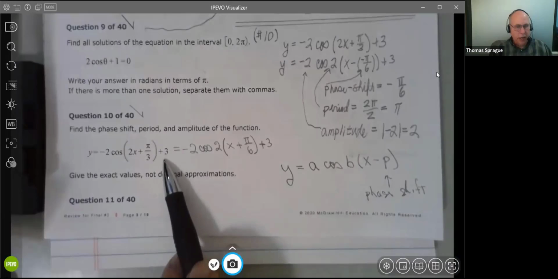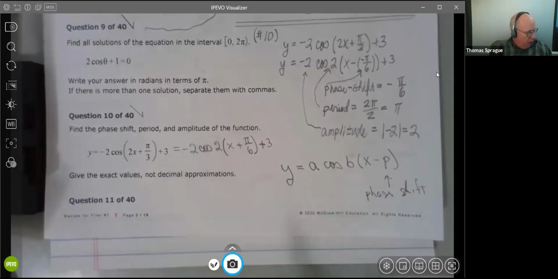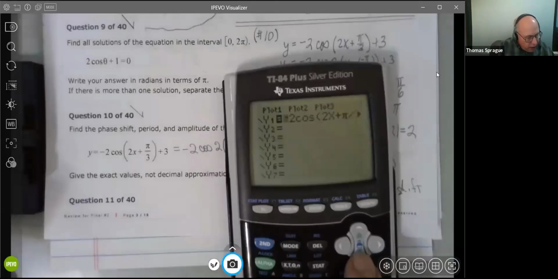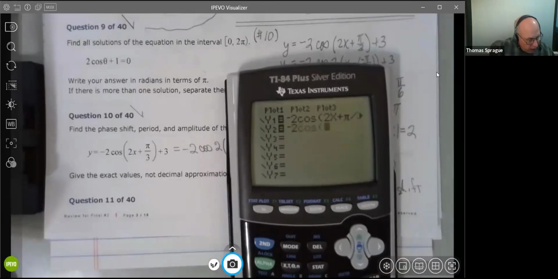This plus 3 here has nothing whatever to do with amplitude or phase shift or period. What it does is it lifts the curve up by 3 units. So if I copy all that again, minus 2 cosine 2x plus pi divided by 3.